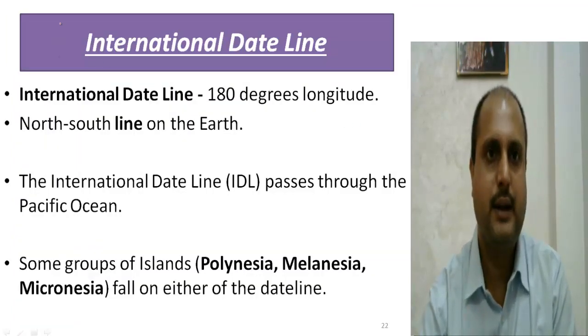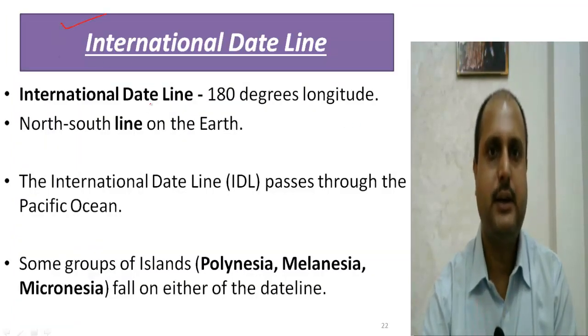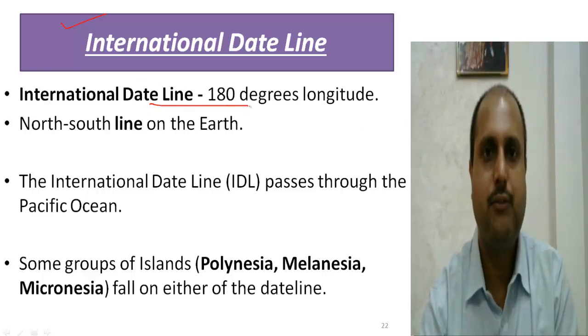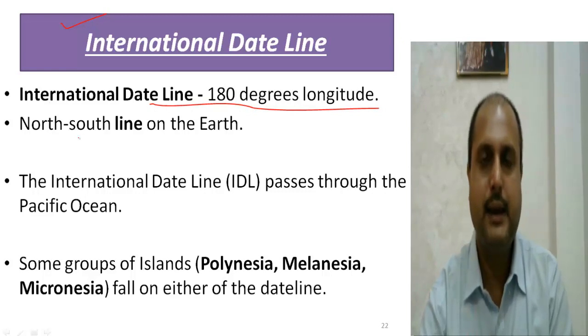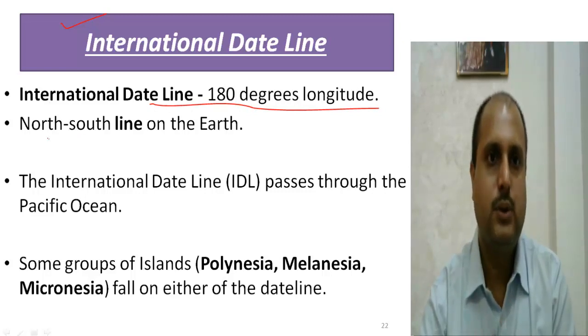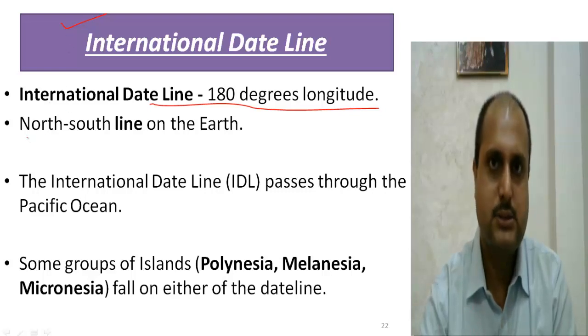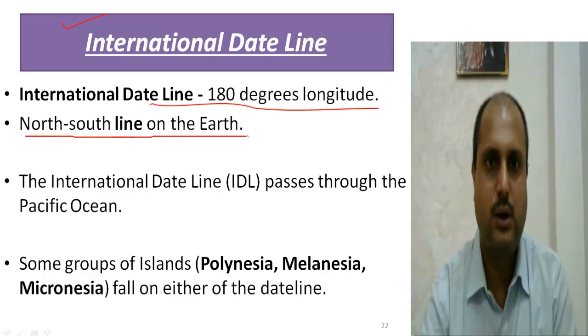Now the international dateline. The international dateline is located at the 180-degree longitude. It is the line on which the day is either gained or lost. So it is also a longitude, and as the longitude is located in the north-south direction, this line is also in a north-south direction on the earth.